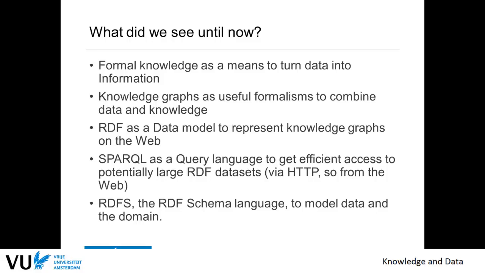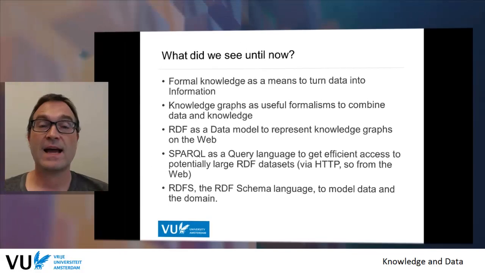And when you want to share data on the web, RDF has been shown to be a very useful representation formalism and data model. This is the one that we introduced and discussed quite some time, and with which you played around in the exercises, and which we hope you are familiar with right now.